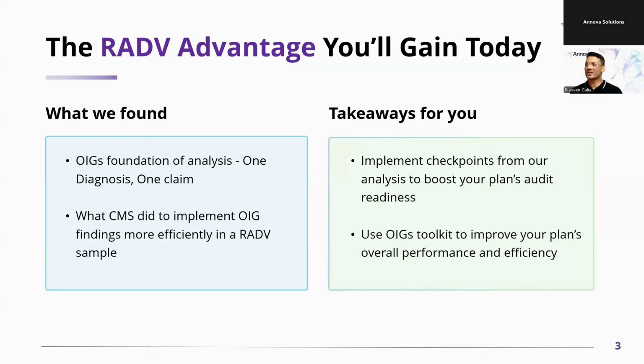Yeah. So the takeaways are pretty straightforward: how you can be audit ready. That is obviously the takeaway here. How you can plan your own analytics, your own efforts to make sure that you are safe when the audit is around the corner.